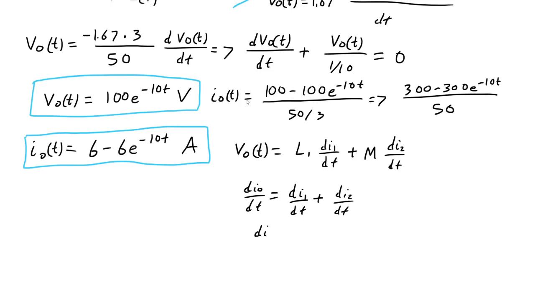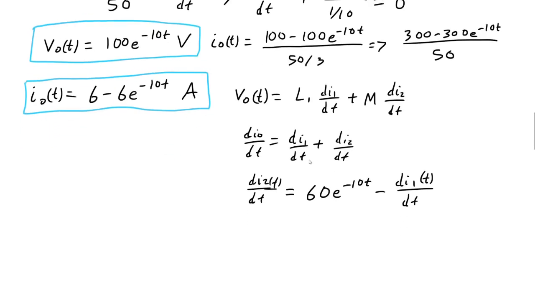So we can say that dI2(t)/dt equals 60 e to the minus 10t minus dI1(t)/dt.